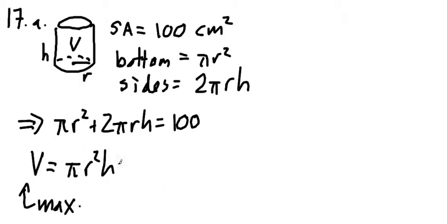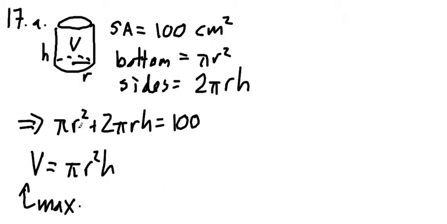So we need to be able to solve for one of r or h in this first equation and substitute it into this second equation so that we can express v as a function of only one variable. Now, like last time, there's really one better variable to solve for. It's h. Why?